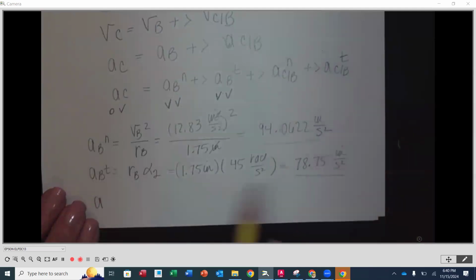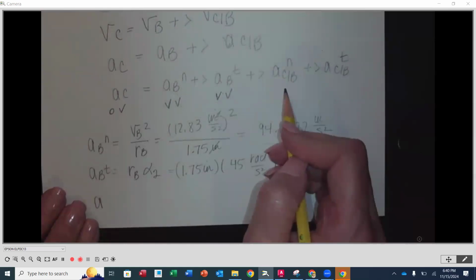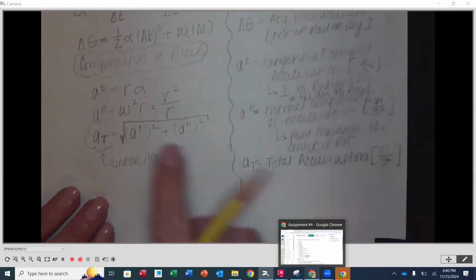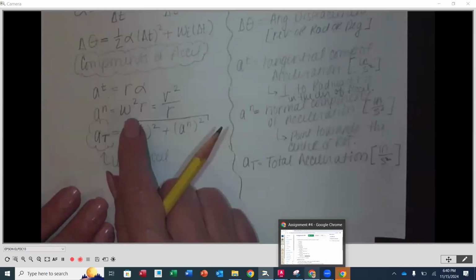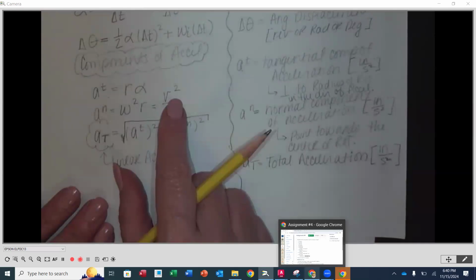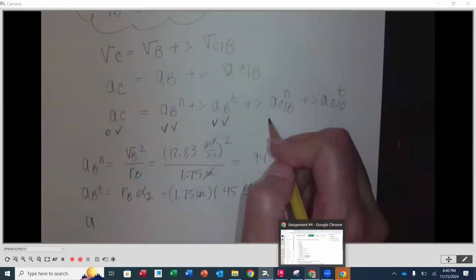Awesome. Okay. Now we're going to look to our normal component of C relative to B. So the normal component of C relative to B, magnitude wise. Here's the equation. We don't know angular acceleration of link number 3. But we do know the velocity of C relative to B. So that's going to be the value up there. So we can calculate its magnitude.